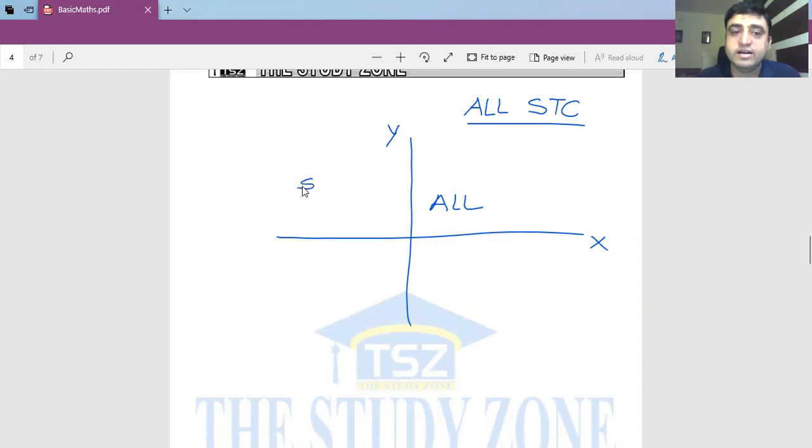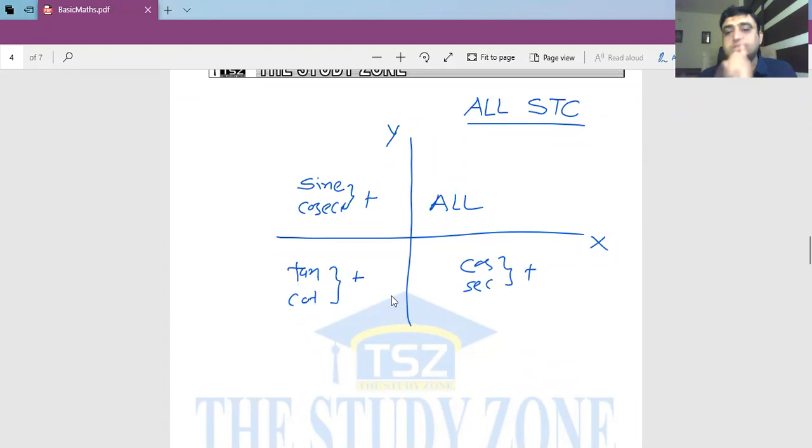In the second quadrant, the sine function and its reciprocal, cosec, are plus. T is for tan: in the third quadrant, tan and cot are both positive. And C is for cos: in the fourth quadrant, sec and cos are positive.